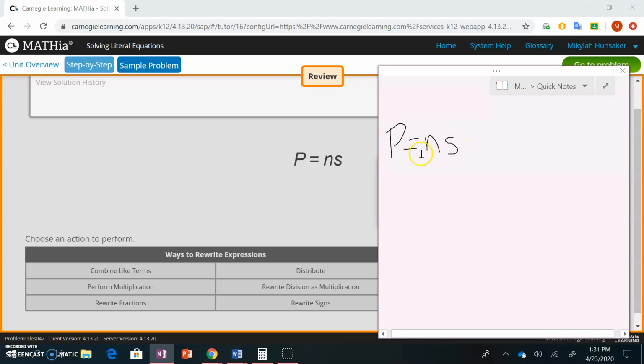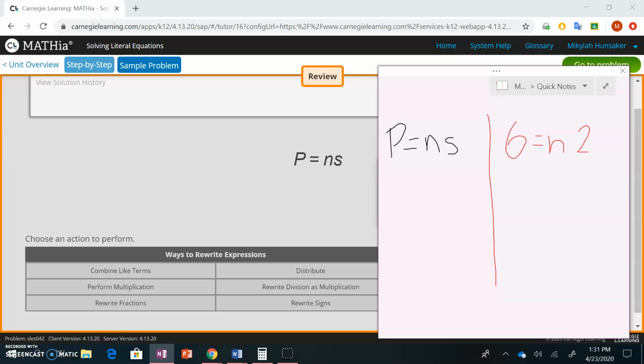We want to solve for n, so we know that's our variable, but if you want to make this like one of those problems from the last one, we can just put in random numbers. Let's say P can be 6 equals n, our variable, and then that letter s will be 2.